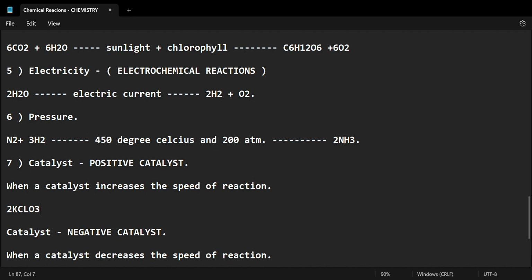Now don't think it's the same, it's a different one, on MnO2 and 300 degree Celsius, becomes 2KCl plus 3O2. See, it is the same over here.